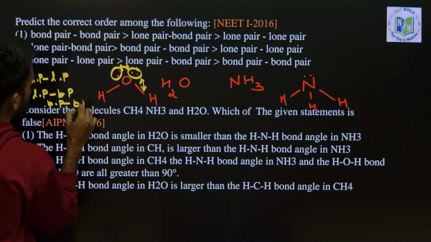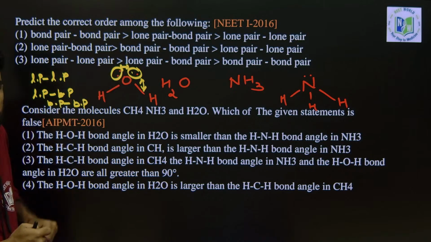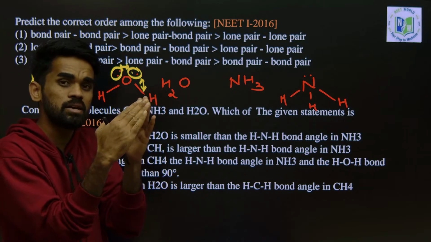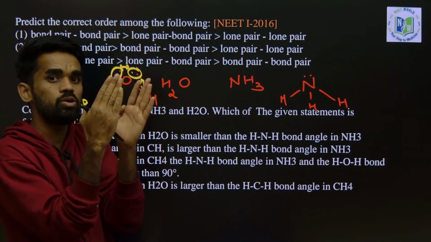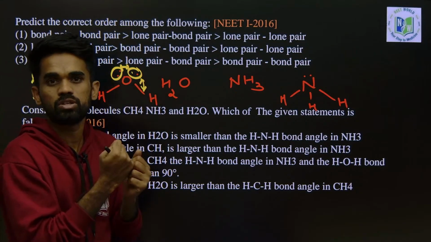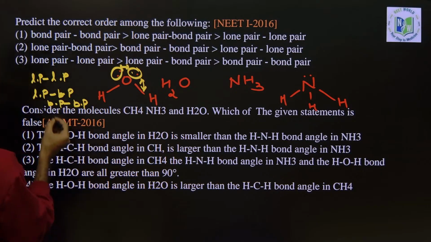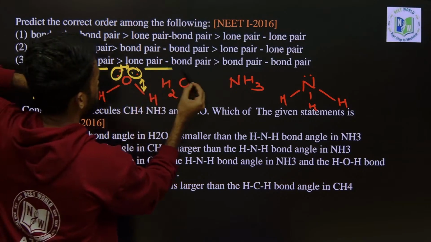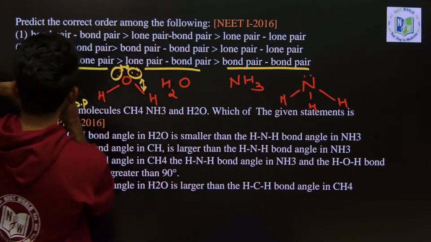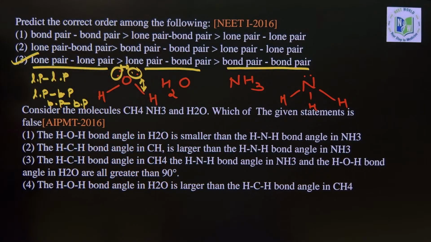Therefore, in order to avoid this maximum repulsion, the bond pairs are placed closely and lone pairs have more space around them. So the repulsions are maximum for lone pair-lone pair, next lone pair-bond pair, next bond pair-bond pair. So option 3 here is suitable for this.